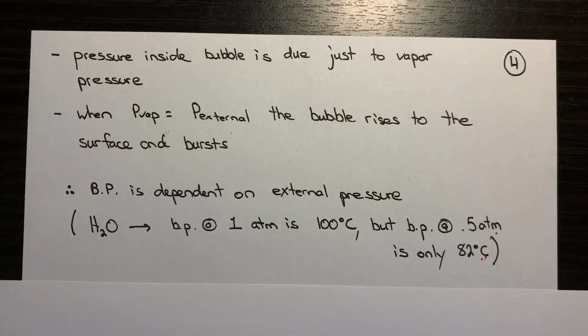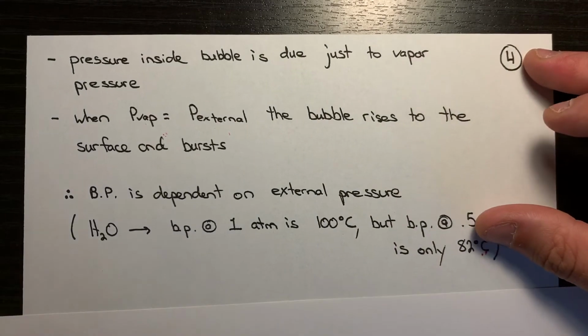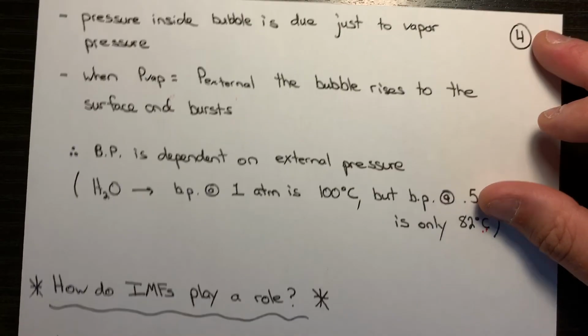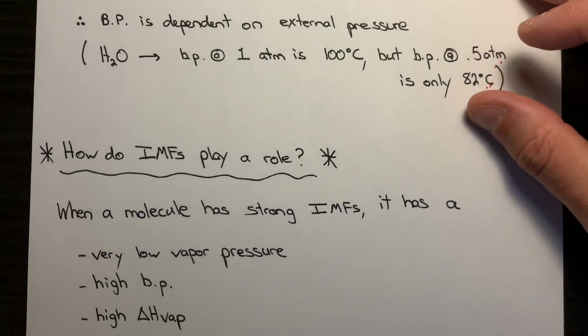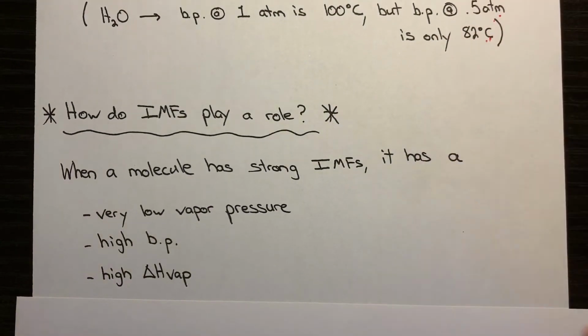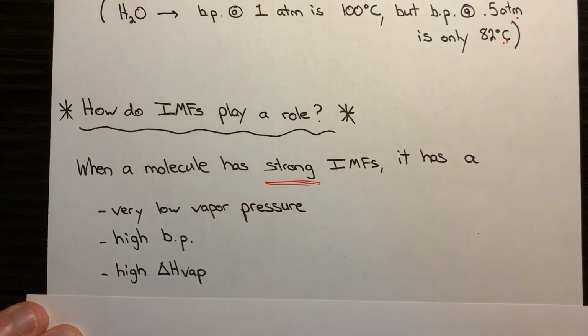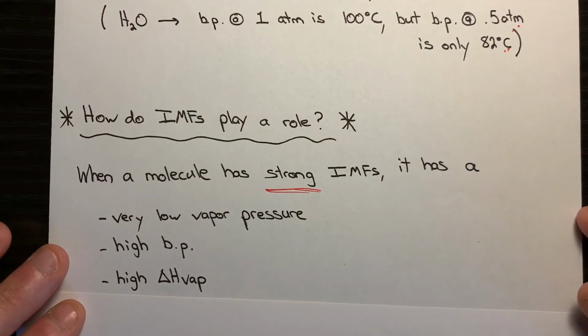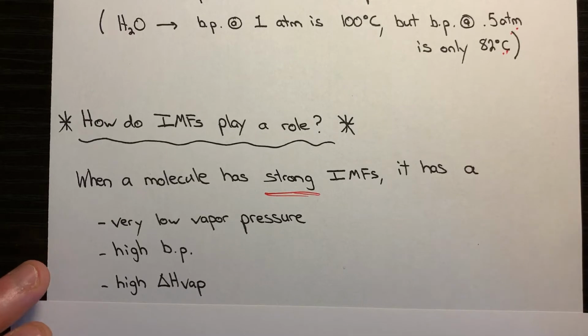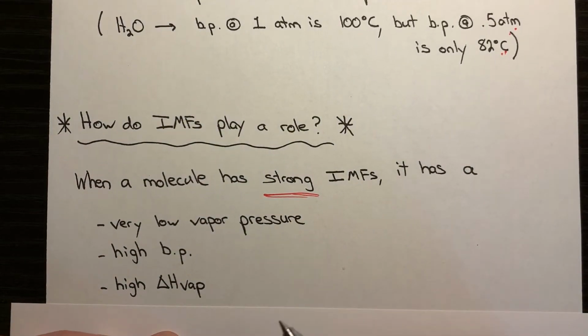Okay, so you might be wondering, how do intermolecular forces play a role in this? And again, I think you probably could guess. The stronger the intermolecular forces are, it has some ramifications. The first is that if you're a molecule and you have really strong intermolecular forces, which means you stick to your neighboring molecules really, really well, you're going to have a really low vapor pressure, right?